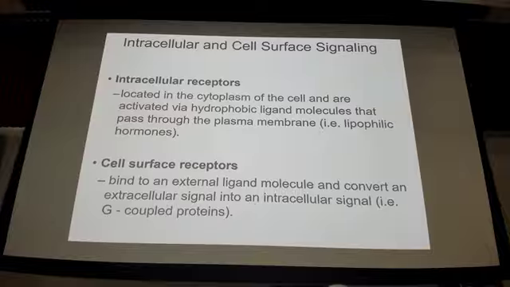Perfect, yep, absolutely, steroid hormones, and we're going to talk about that. And then you have cell surface receptors, and this is when a molecule or a ligand binds to an extracellular receptor, causing conformational change, and a second messenger system, which we'll talk about, will lead to a cascade of changes inside the cell.